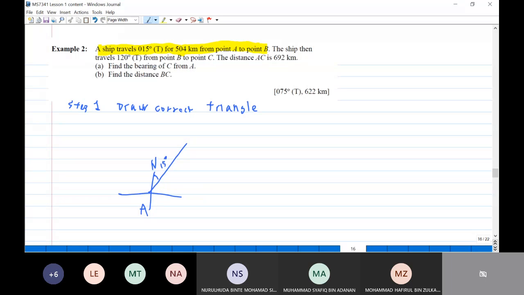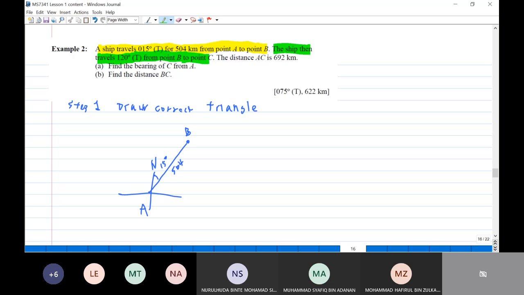You take 504 kilometers to get to point B. Okay, from B, the ship then travels 120, so one line at a time, to point C. So usually you try to read one piece of information at a time.